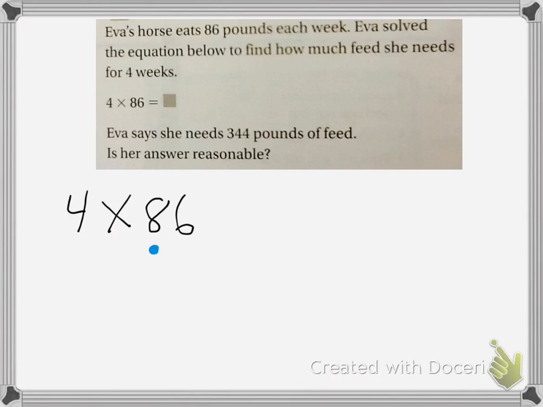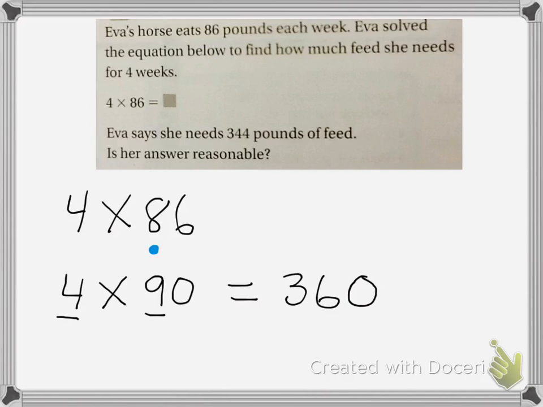I'm going to change my problem to 4 times 90, which is 4 times 9 is 36. And that's 4 times 9 tens. That's 36 tens, which is equivalent to 360.